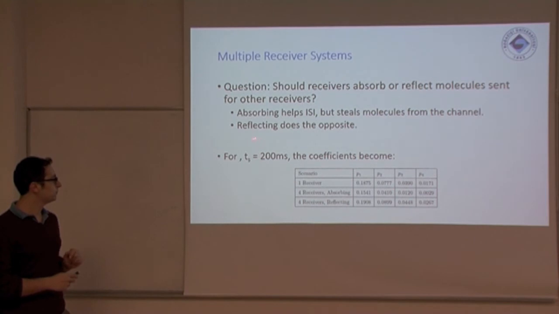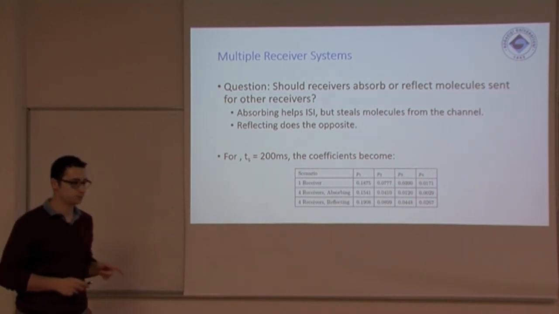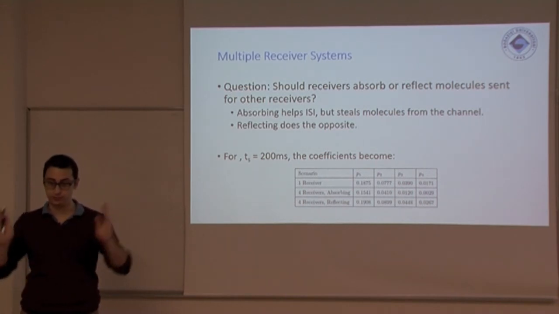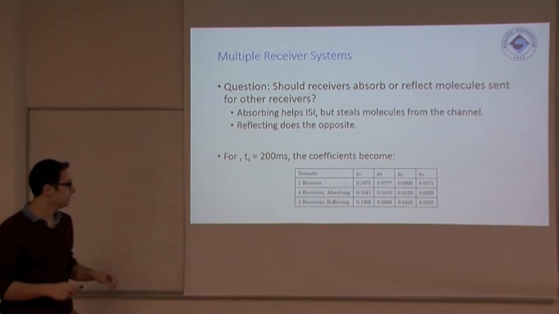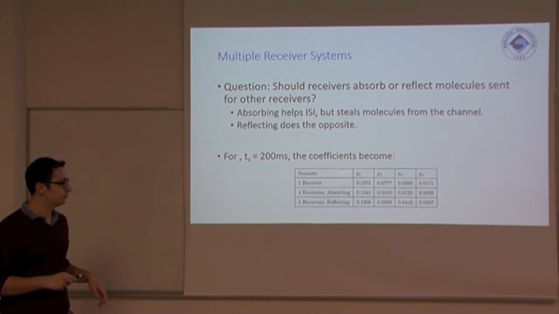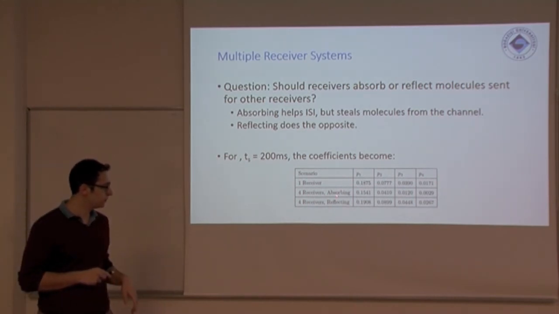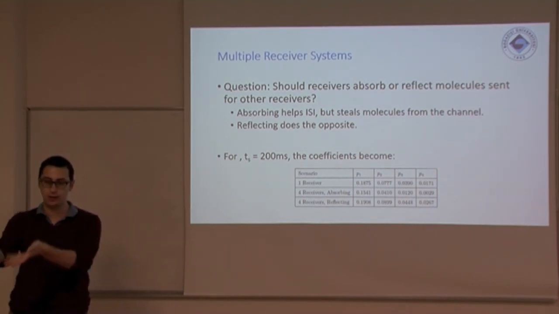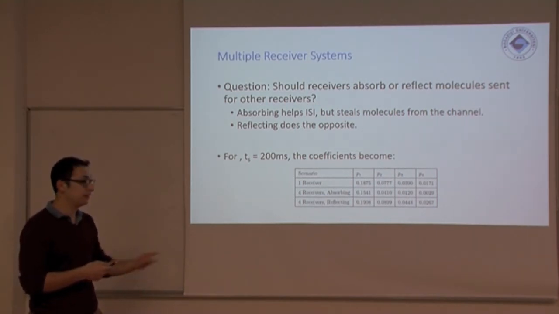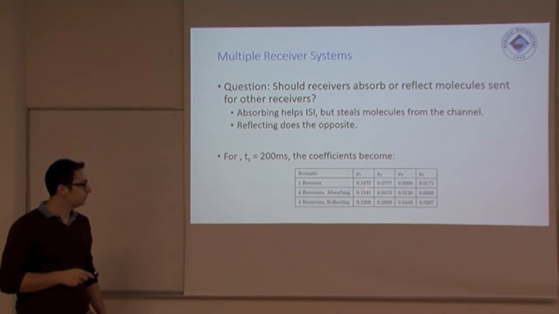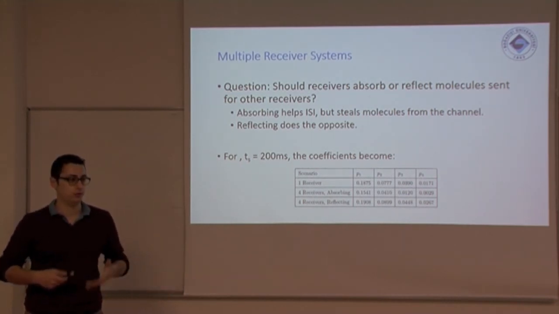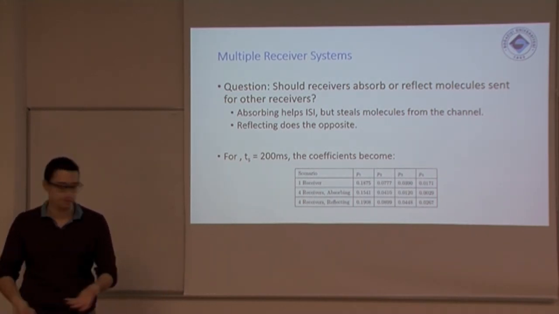So for TS equals 200 milliseconds, the coefficients, remember the probabilities of arrival in different time slots, for one receiver are this, and for 4 receivers, with the other 3 receivers absorbing my link's molecules, P1 decreases. Remember, P1 is the general signal strength that we have in our intended symbol.